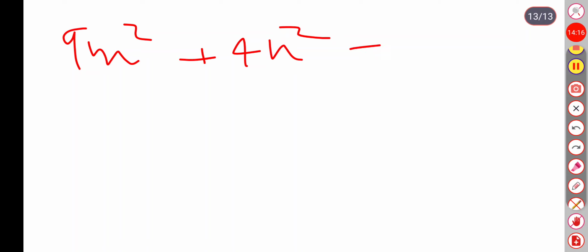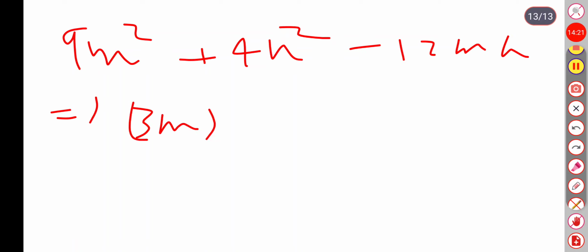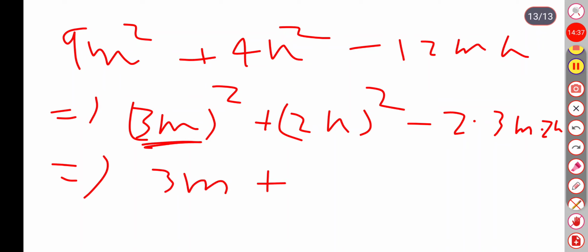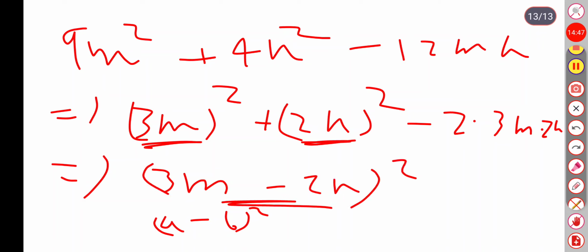So let's factorize 9m square plus 4n square minus 12mn equals (3m) the whole square plus (2n) the whole square minus 2 into 3m into 2n, which would give us a is 3m, minus, the identity is (a minus b) the whole square, and b is 2n. So (3m minus 2n) the whole square is the factorized form.